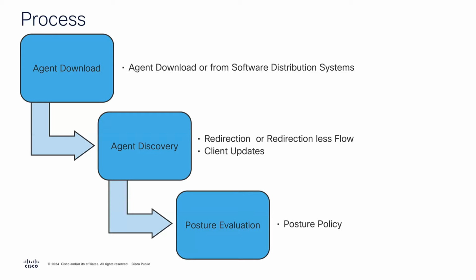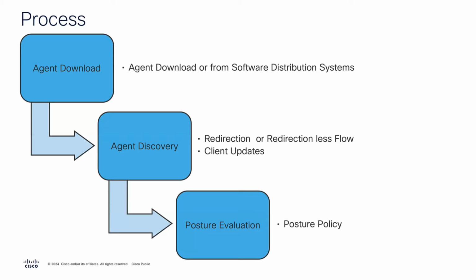So the agent's responsibility is to discover which PSN it got authenticated with. That's what the agent discovery process is. And this agent discovery process has two types, redirection or a redirectionless flow, with which it will try to identify the PSN that the endpoint got authenticated with.